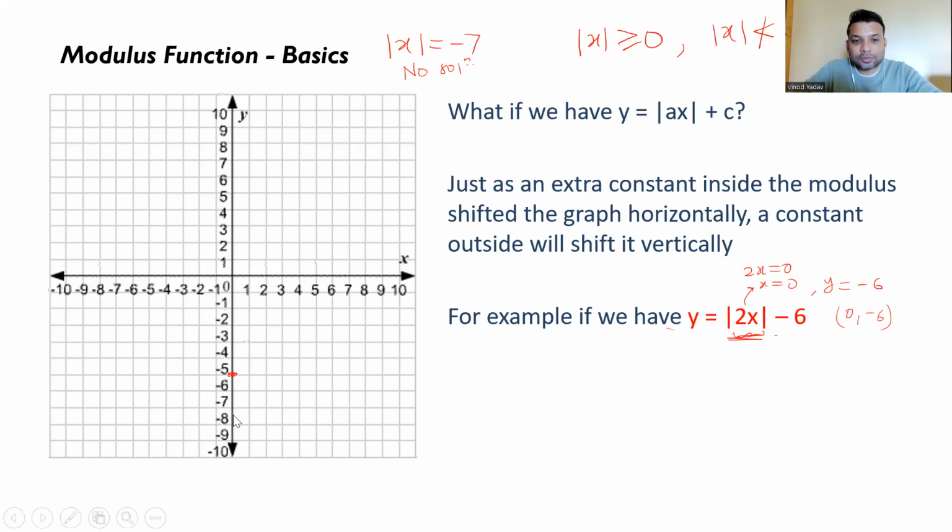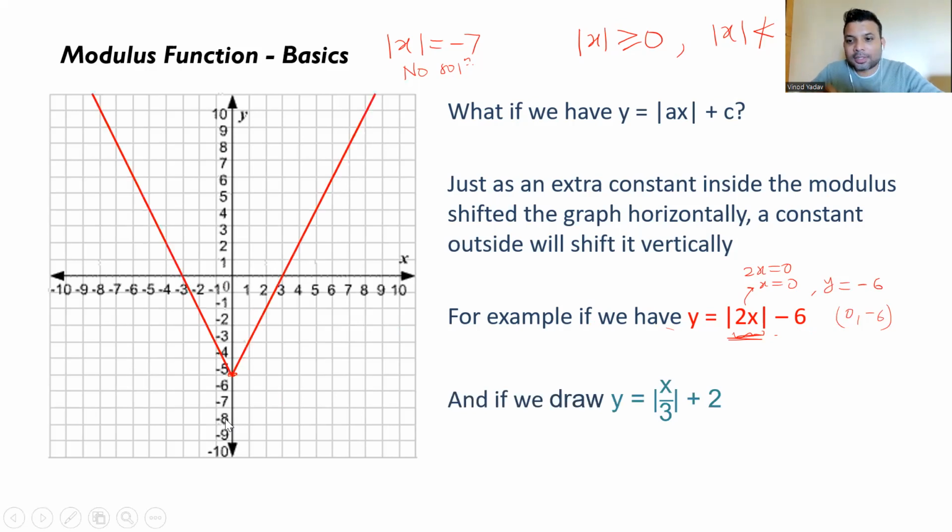Check this. This is mod of 2x, minus 6. Steeper V, vertex is at 0, comma minus 6. Sorry, it's not the origin now. In short, the earlier V, which was at the origin, got shifted downwards by 6 units because of this minus 6. That way also you can look at the same thing.